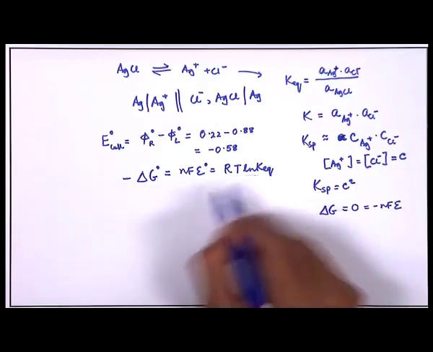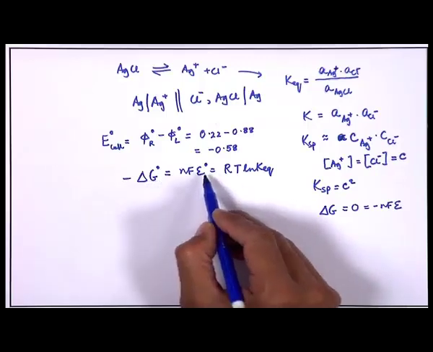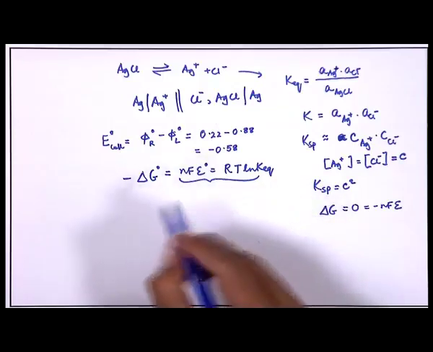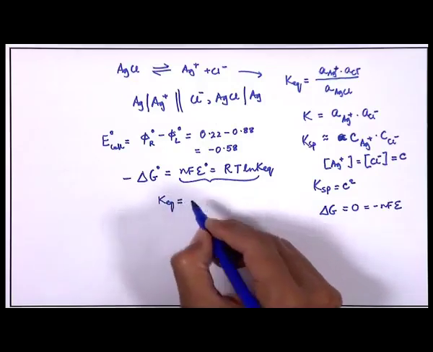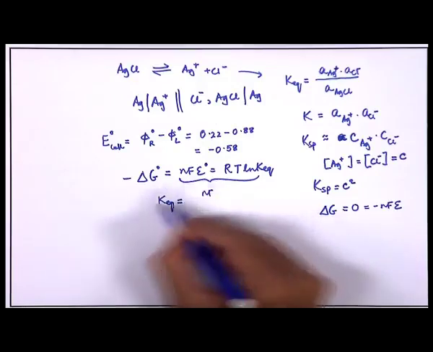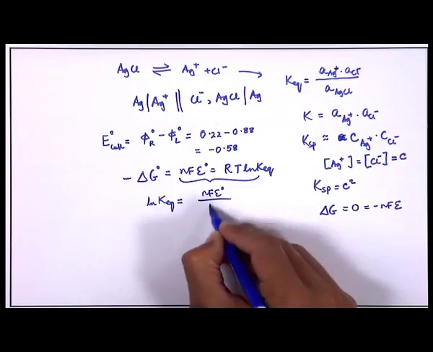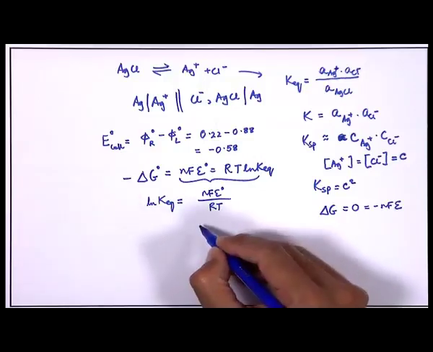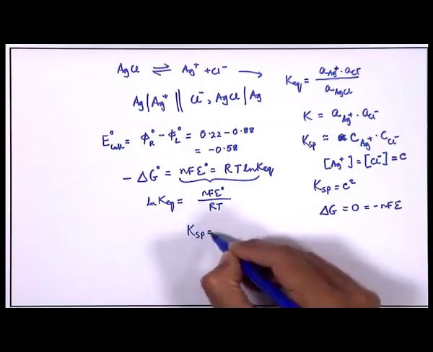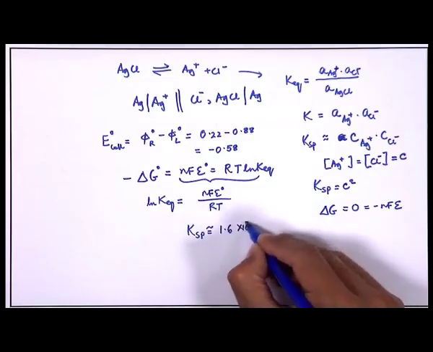So, from E0 we can write that ln K equilibrium is equal to nFE0 divided by RT, and ultimately if you calculate with appropriate numbers, then you will get that Ksp is equal to about 1.6 into 10 to the power minus 10.